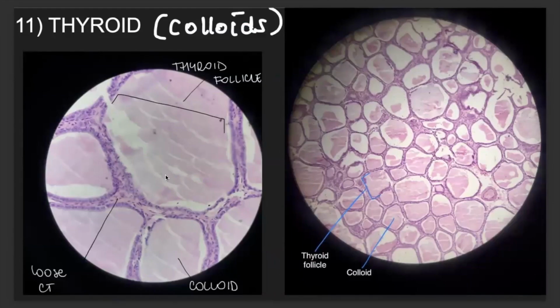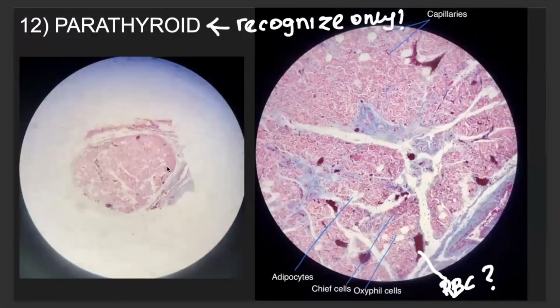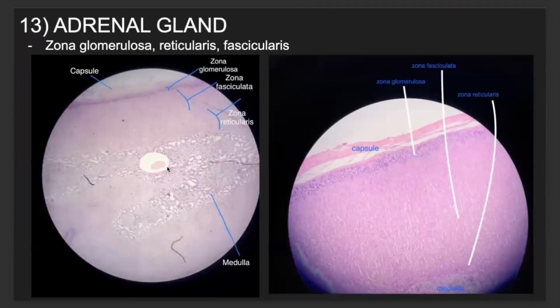Thyroid has colloids. They produce T3 and T4, thyroid hormones. Parathyroid, adrenal, and you have to recognize those three layers, and it starts by zona glomerulosa, fasciculata, and reticularis.